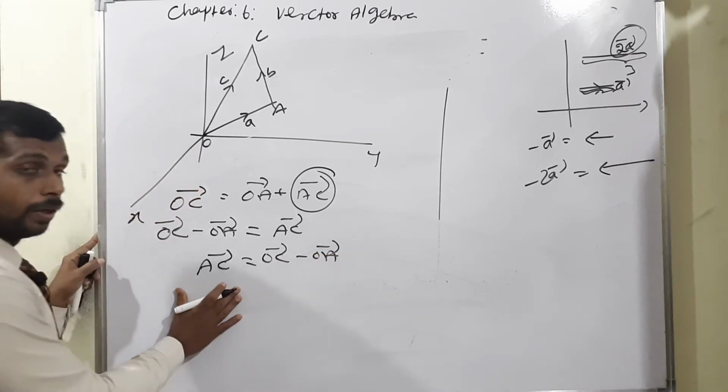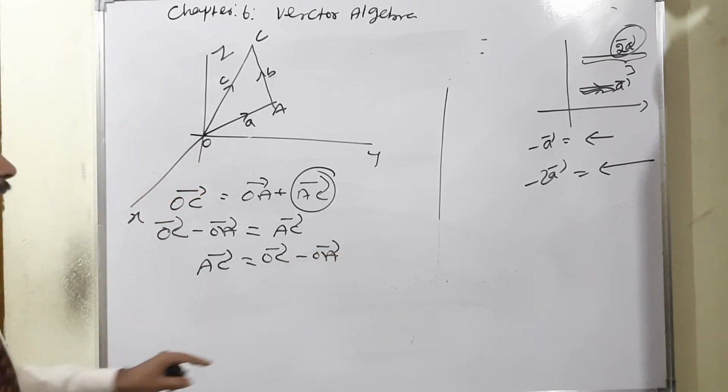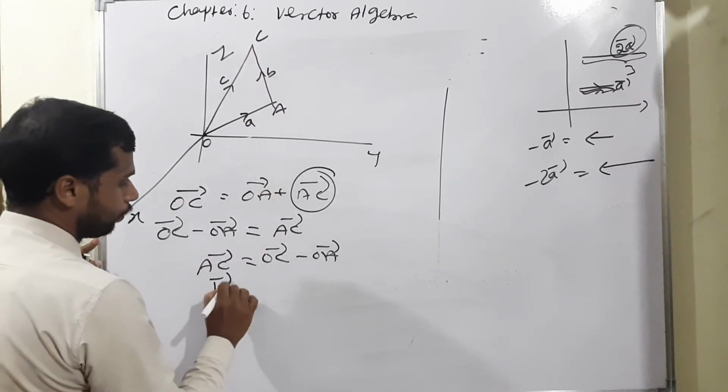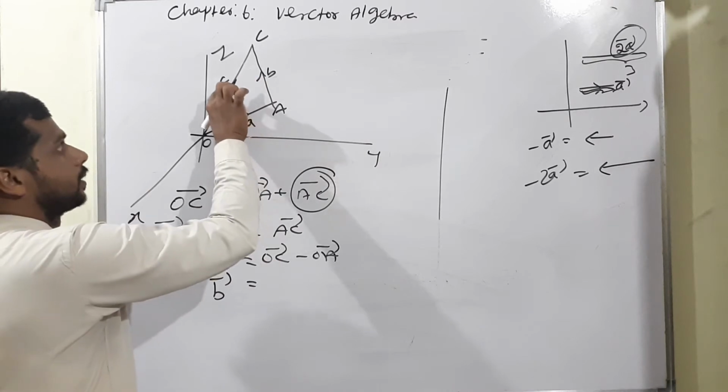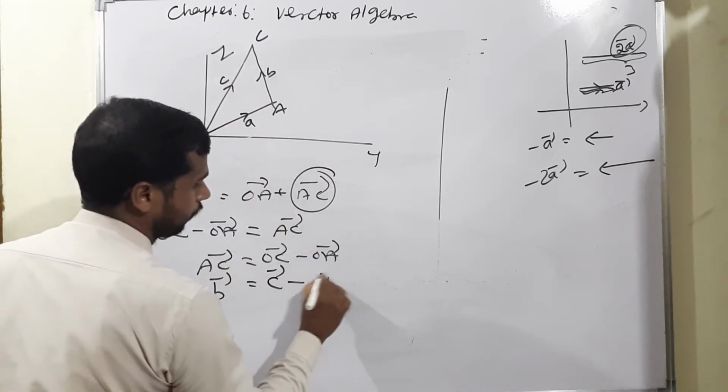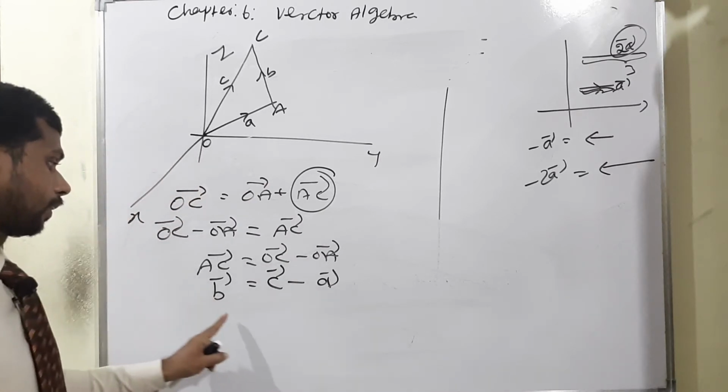This is very useful during exam time. Already we know B vector: B vector is equal to OC, that is C vector, minus OA, that is A vector. So B vector is equal to C vector minus A vector.